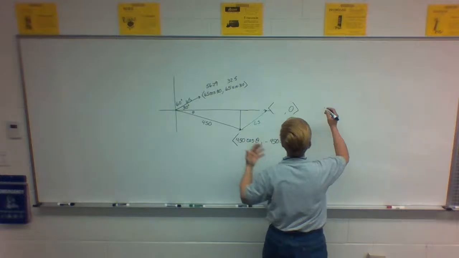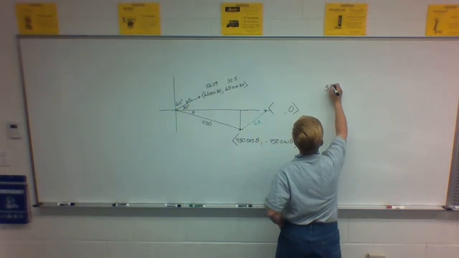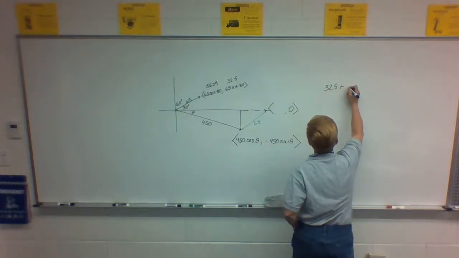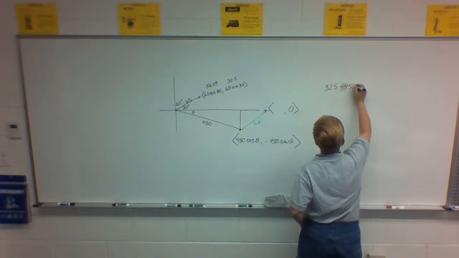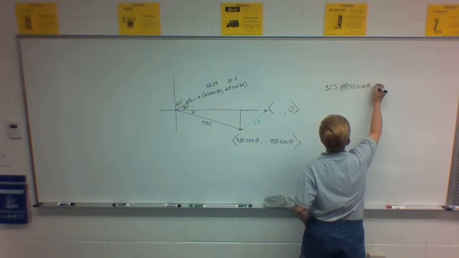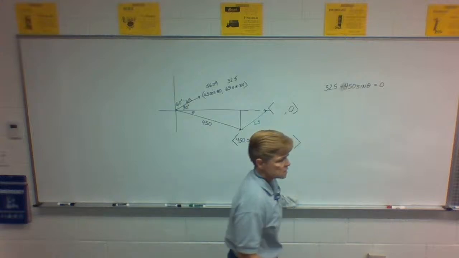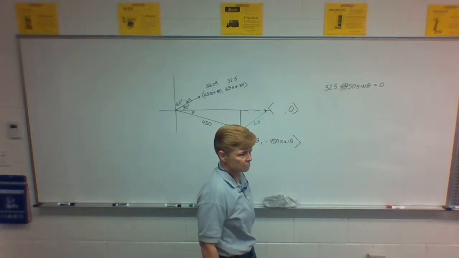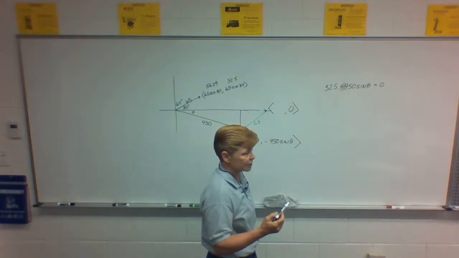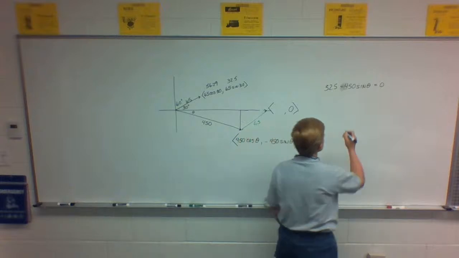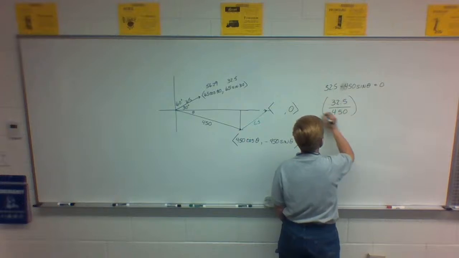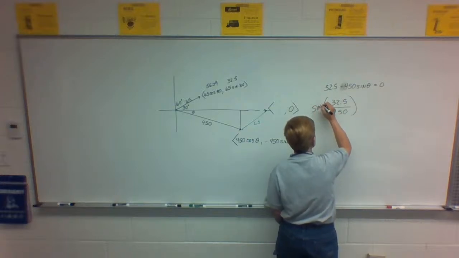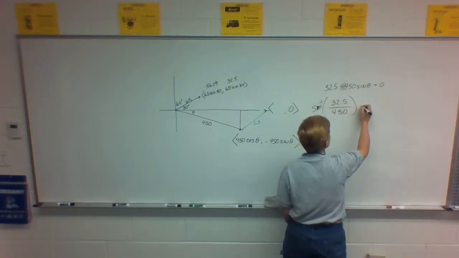So we know that 32.5, subtracting 450 sine of theta, must equal 0. You see that? Y'all adding vectors, at least this piece of it? Which means that 32.5 divided by 450, inverse sine, that's the sine, must be theta.